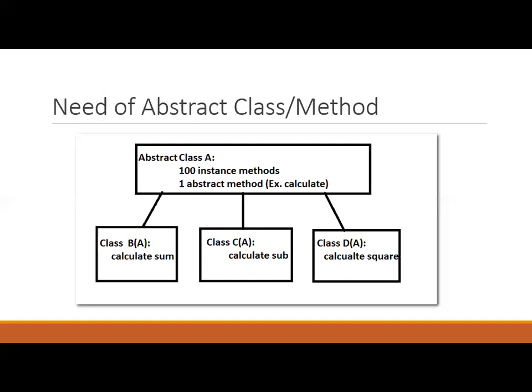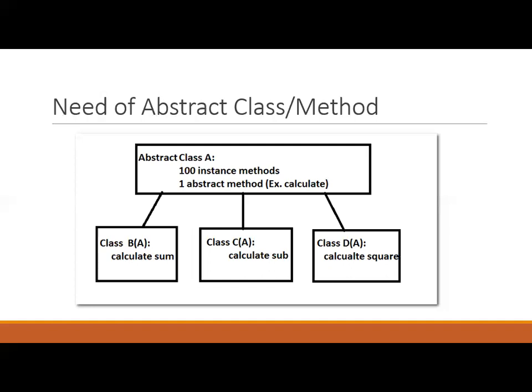Now the question may arise: let class A be a normal class only, and add 3 more methods to class A: calculate sum, calculate sub and calculate square. Even that will suffice our requirement. However, consider that instead of 3 subclasses, you have 50 subclasses with 50 different requirements.